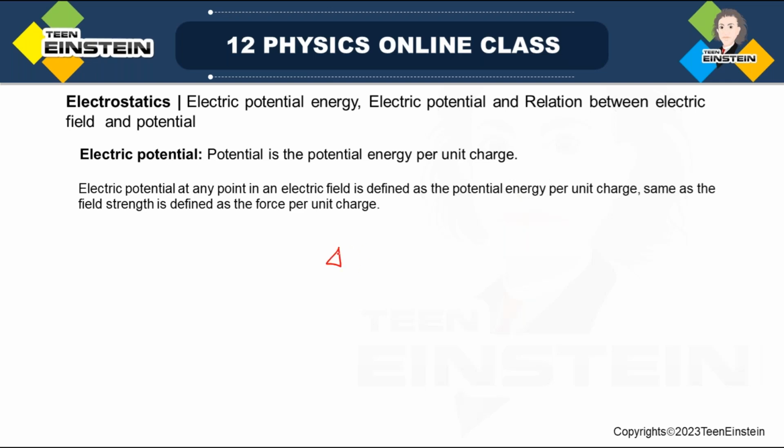We know the change in the electric potential energy is equal to minus work done, A to B. So this is what we get from here, the change in the potential energy and work done.